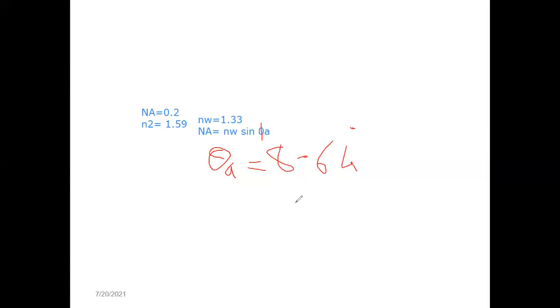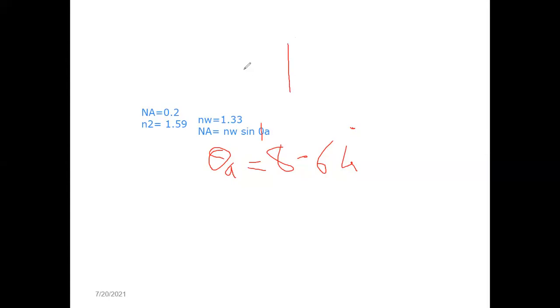Next is the critical angle at the core cladding interface. Now here we have N1, N2. Ma'am, if we are considering NW, then NA will be divided by NW. Sin theta A divided by NW.